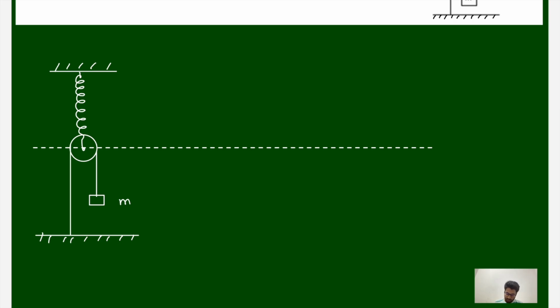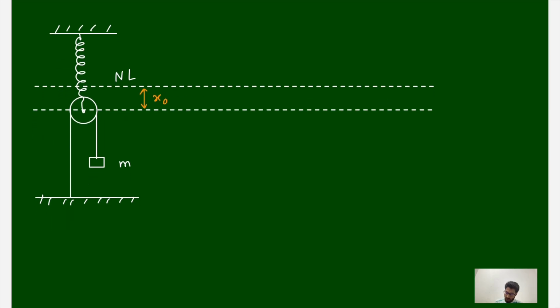Now I'll draw another diagram here. This part is the natural length. Now this much of expansion has happened, this is x naught. In this case we'll draw the tension.